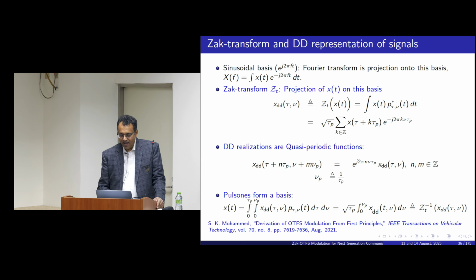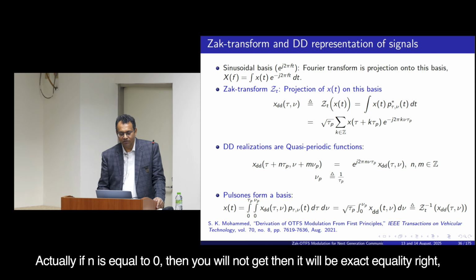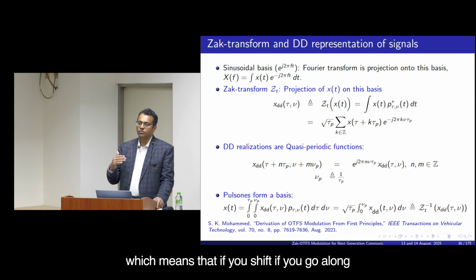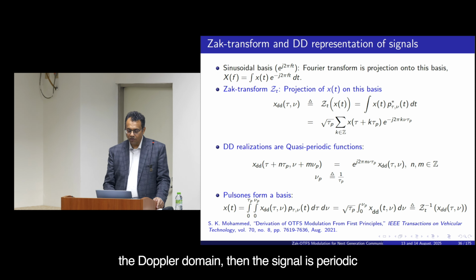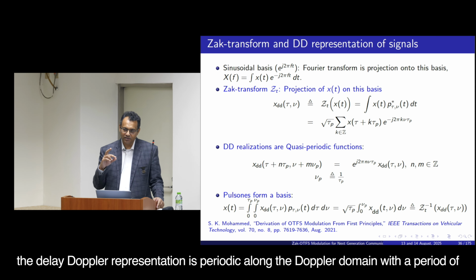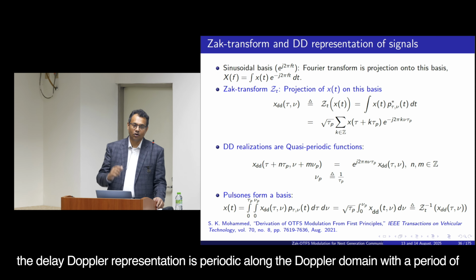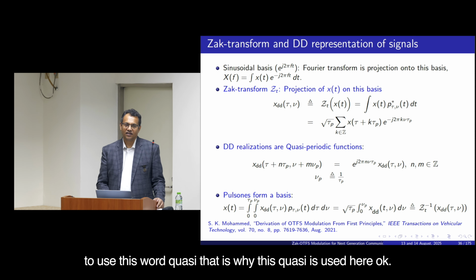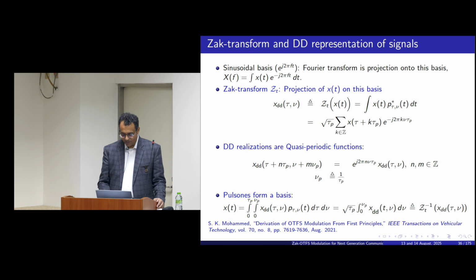Actually, if n is equal to 0, then it will be exact equality, which means that if you go along the Doppler domain, the delay Doppler representation is periodic along the Doppler domain with a period of nu p. But along the delay domain you have this factor coming in. That is why I have to use this word quasi.